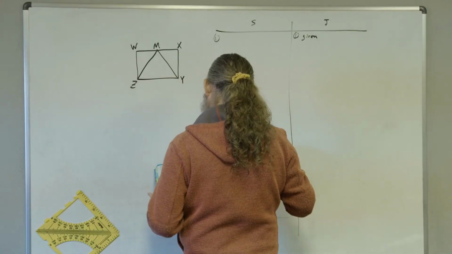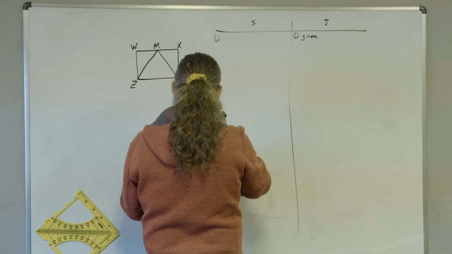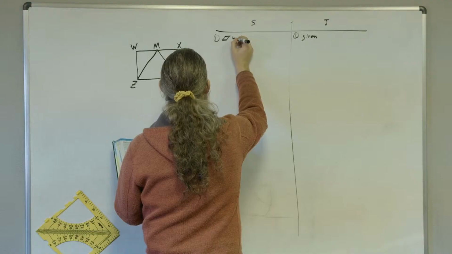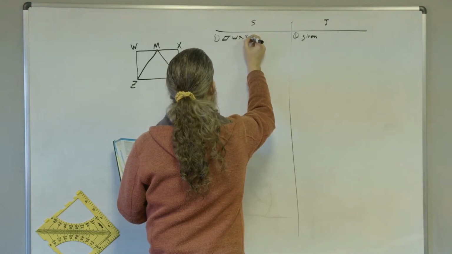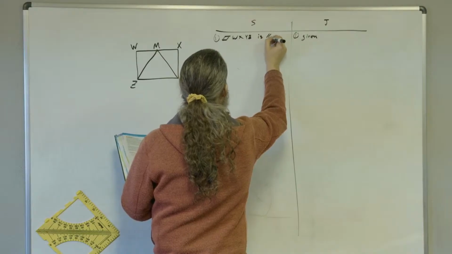Okay, so we are given that W, X, Y, Z is a parallelogram.